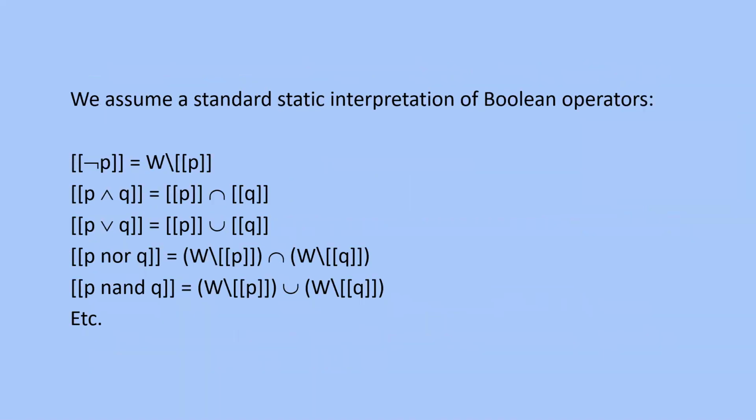And a final assumption to set up the problem: we're assuming that these Booleans have the static interpretation that you expect them to have. So conjunction is intersection and disjunction is union and so forth.